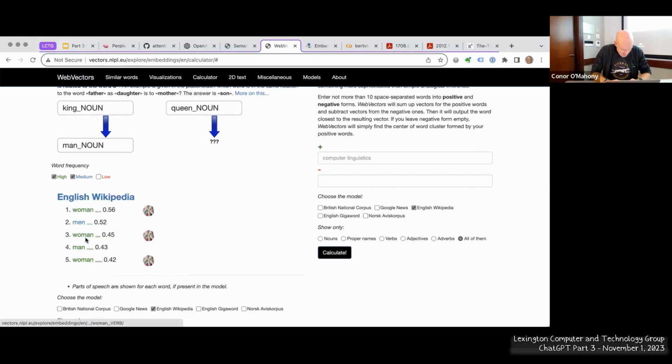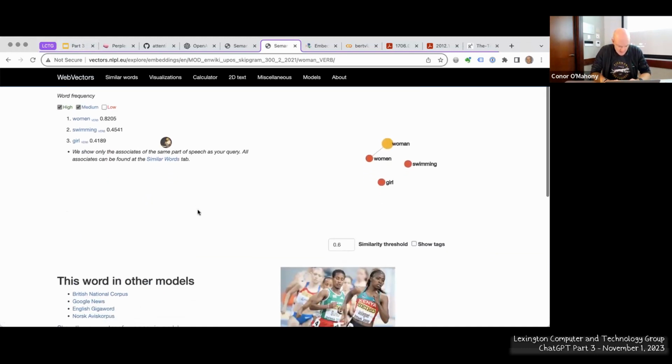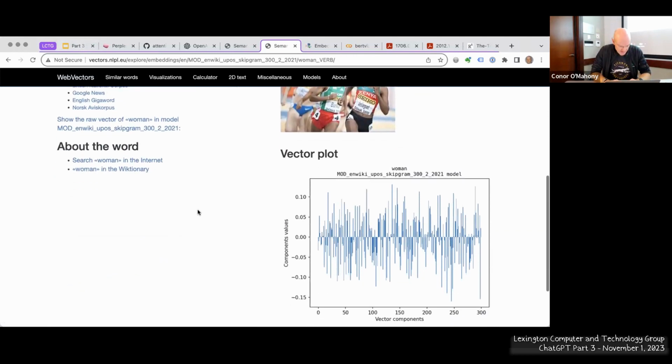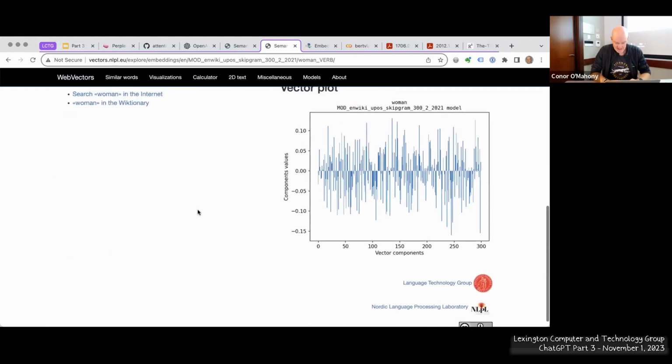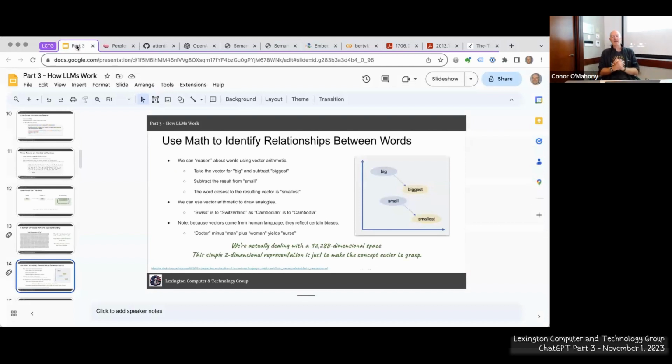I'm guessing there must be some usage of woman as a verb. Yeah, I'm not sure about that. Okay, but anyway, interesting tool. You can start to play with the vector representations, doing the math and seeing about some of these relationships, maybe putting in countries and their capital cities or whatever.